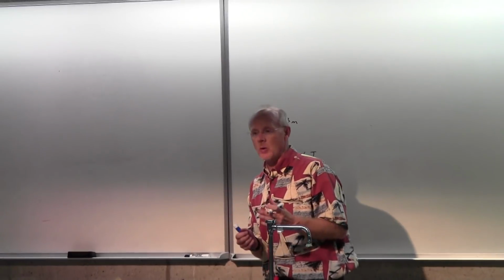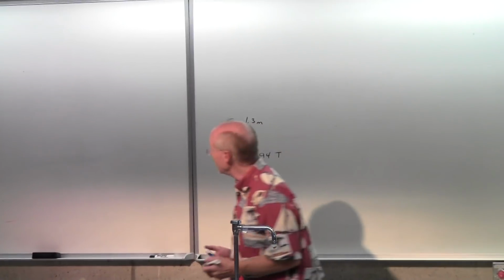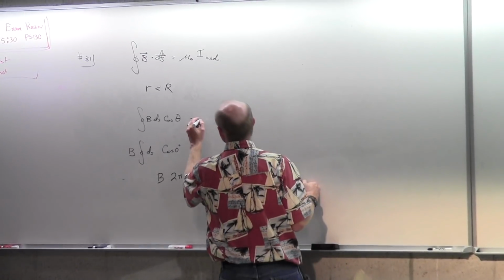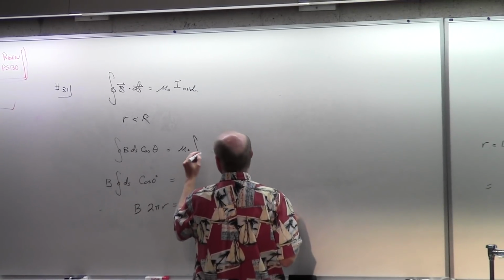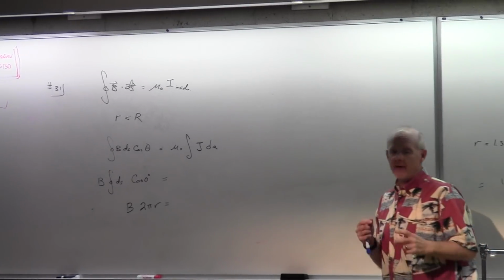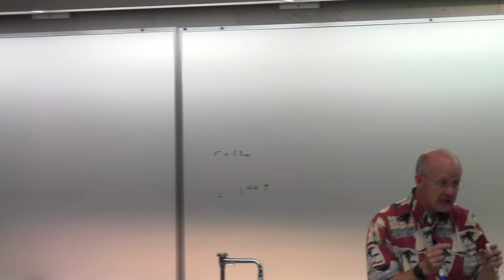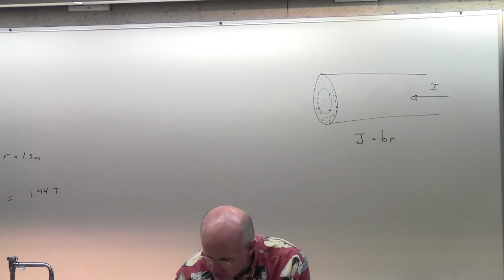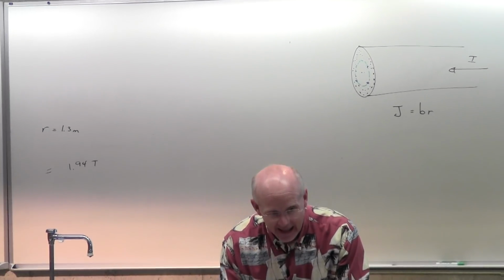But the other side of the equation definitely is where the change is. This other side is mu naught, and then to get the current inside, I've got to take the current density, starting maybe at a small radius, and add it up, add it up, add it up.